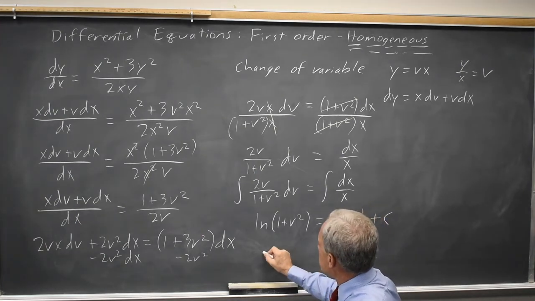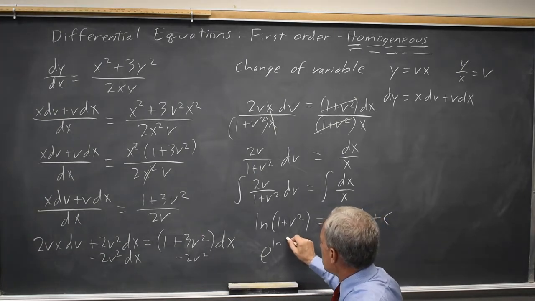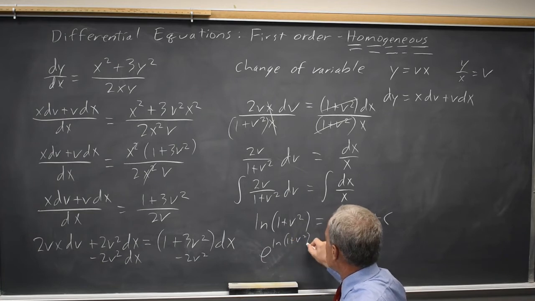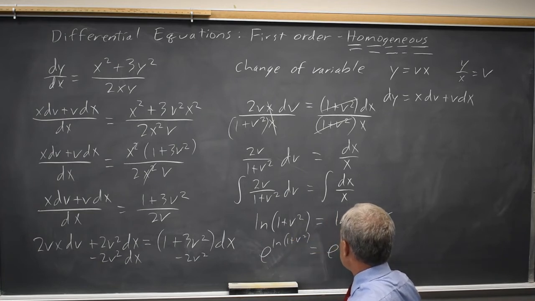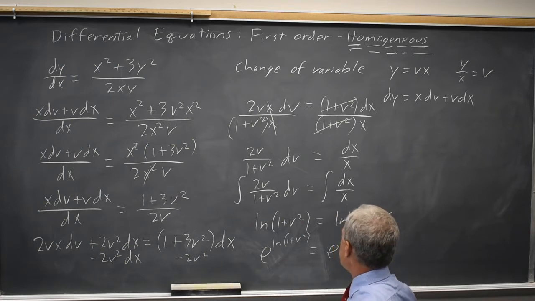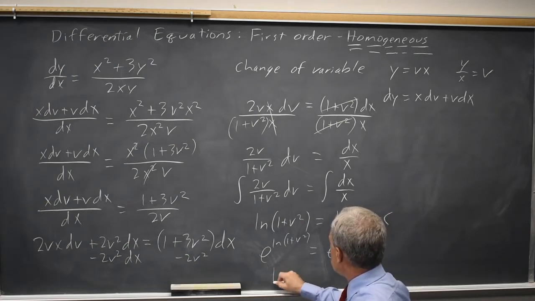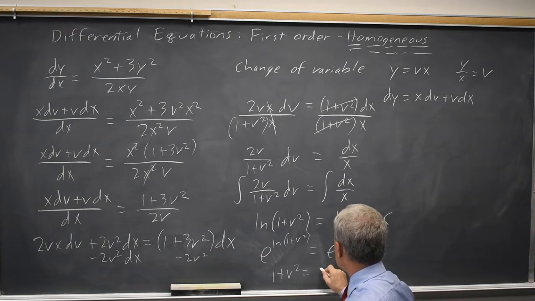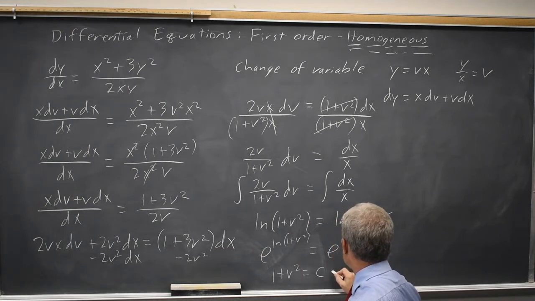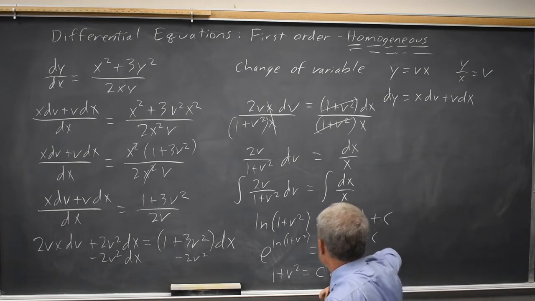Taking both sides as powers of e, e to the ln of 1 plus v squared equals e to the ln x plus c. And I probably don't care about this absolute value on the x either. So 1 plus v squared equals a different constant c times e to the ln x, which is just x.